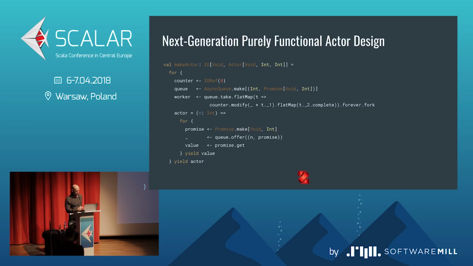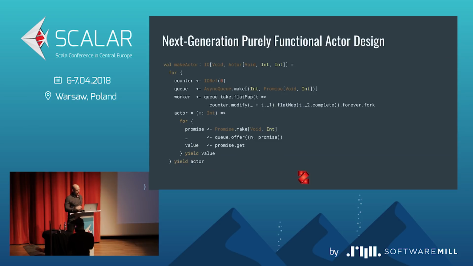The guts of it are as follows. We create the counter effectively. We create the queue. The queue is nothing more than a queue of tuples of input messages and promises for the output messages. So you could generalize this if you wanted and stick it in a function so you'd never have to make it again.